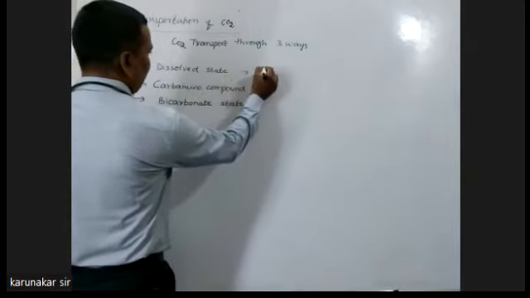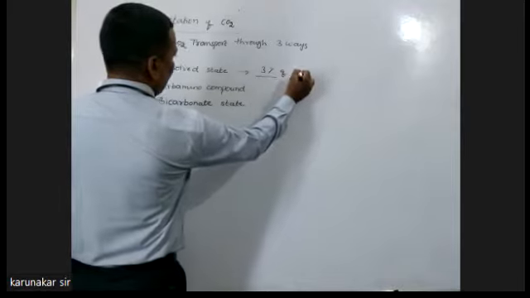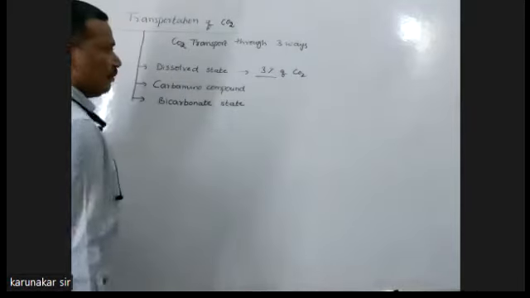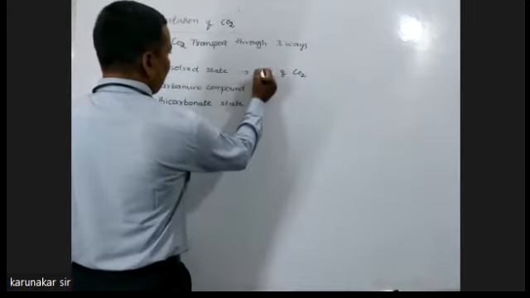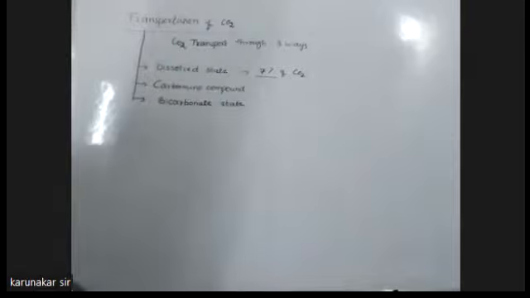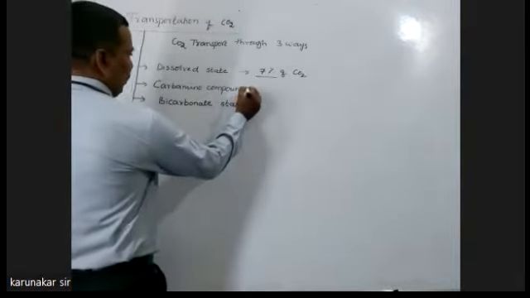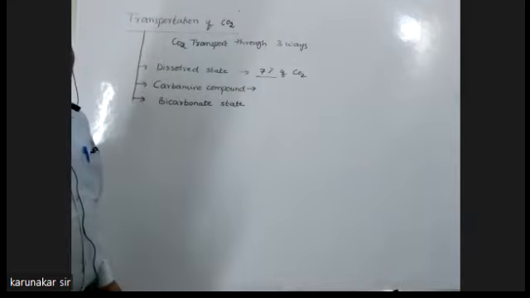It is 7%, not 3%, Nana. 7% of the CO2 is transported through the dissolved state.